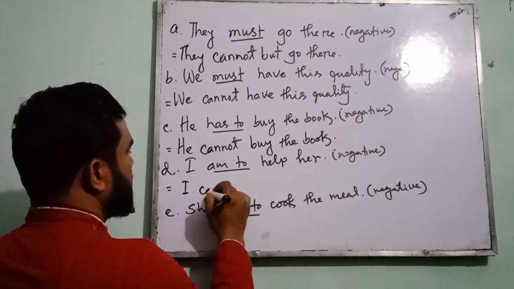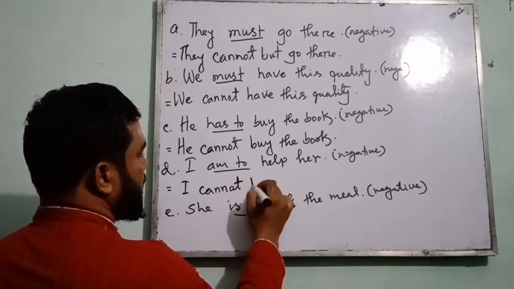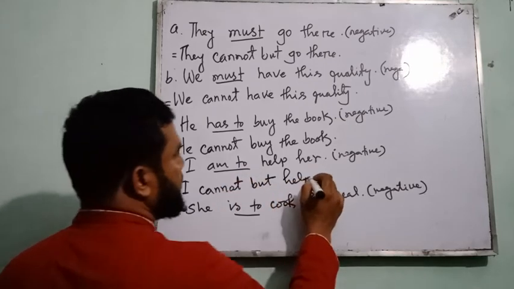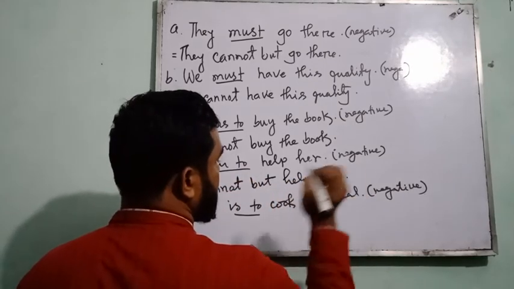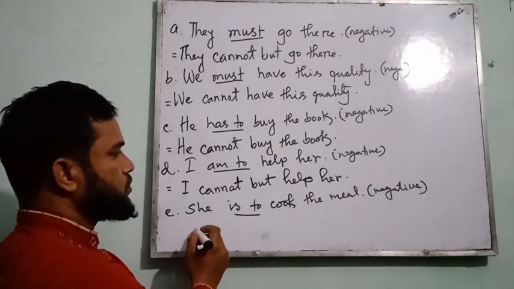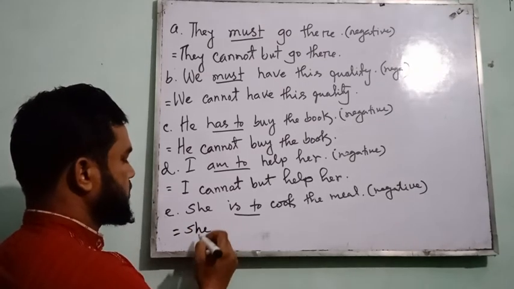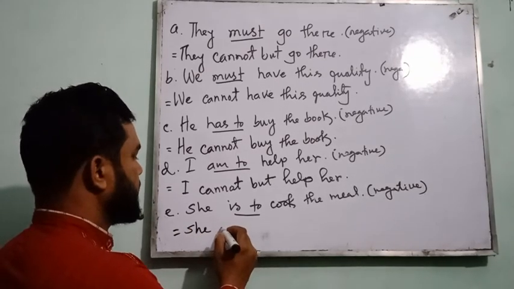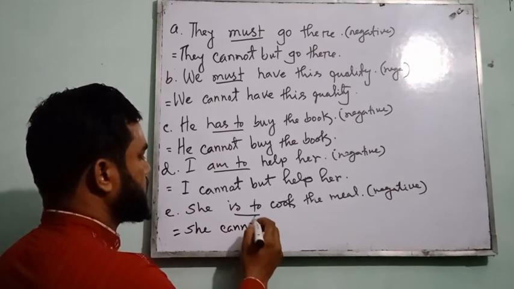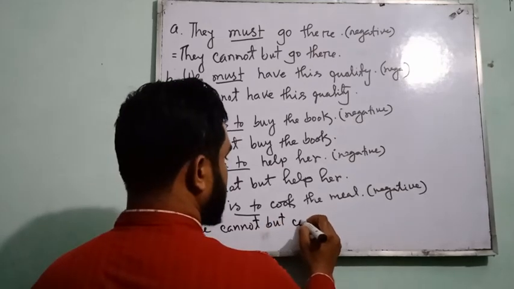I cannot but help her. She is to cook the meal. Here the negative sentence will be she cannot but cook the meal.